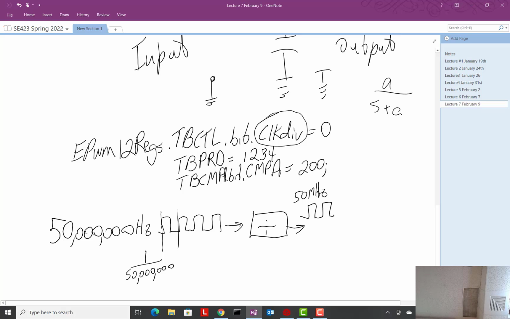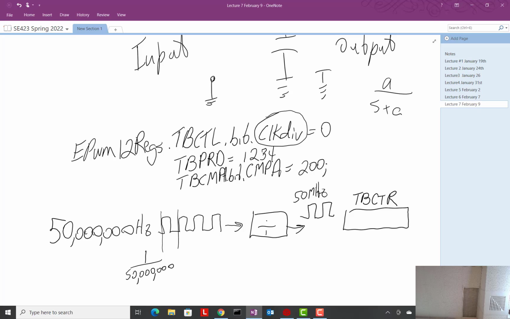Now, just as with the CPU timers that we talked about, this clock is going into the TB counter register. Once you've set it up, all it does is count up to the TB period value.